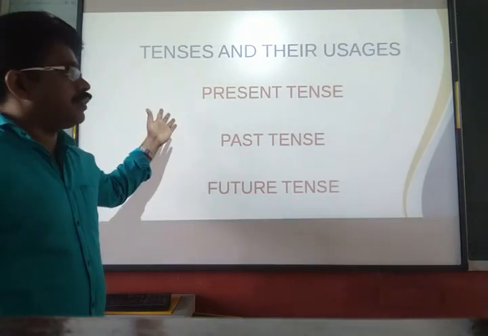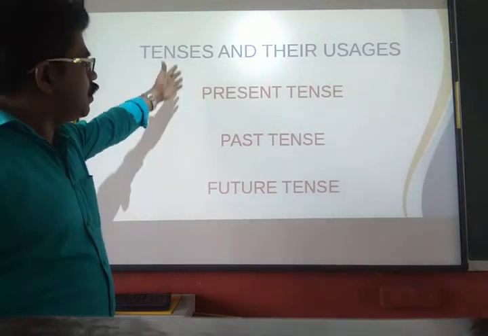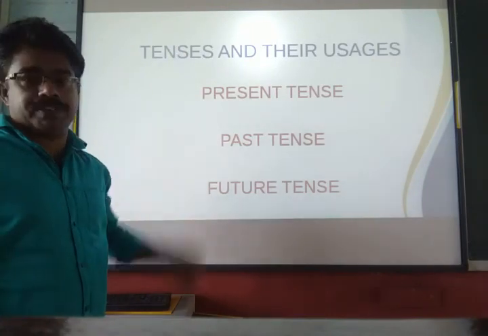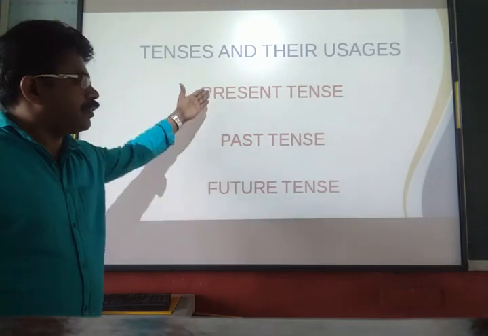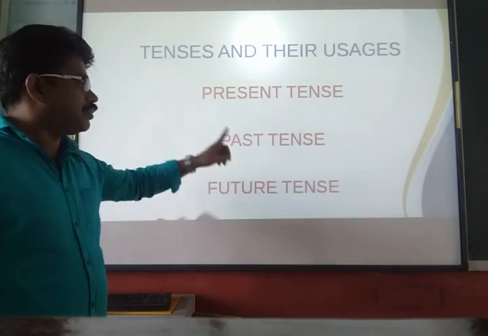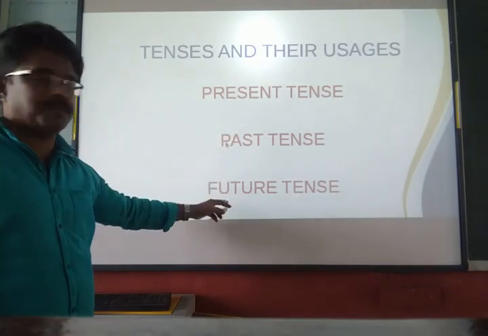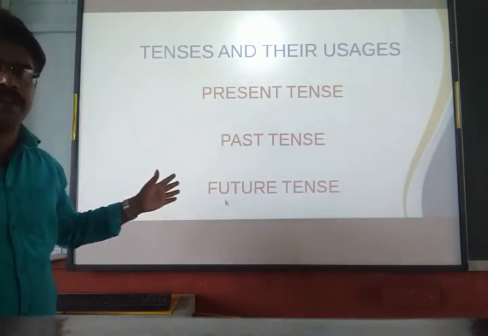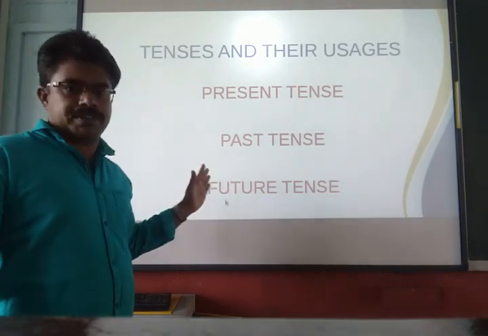So tenses. Let's once again revise right from the beginning. When we speak about tenses, three things come in: present tense, past tense, future tense. This is the order that we generally follow.